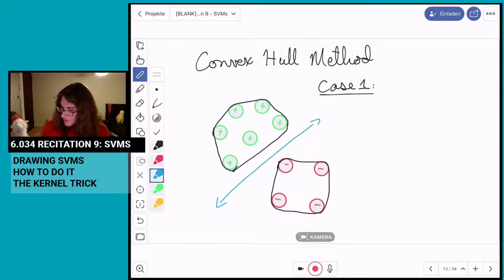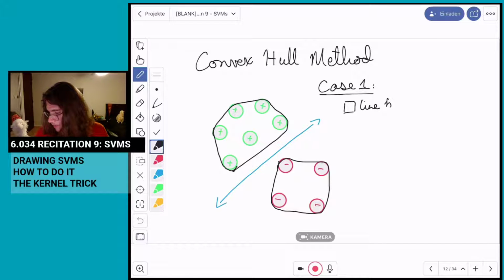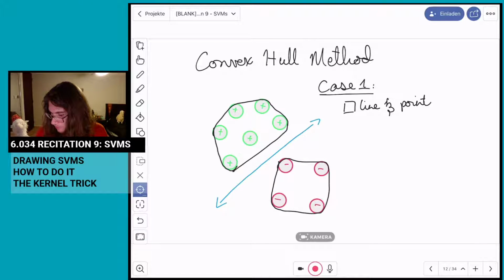So I have that decision boundary. In this case, as you might guess, I think it's a fairly intuitive labeling. It's a line and point case, because we have the two support vectors here and one here.